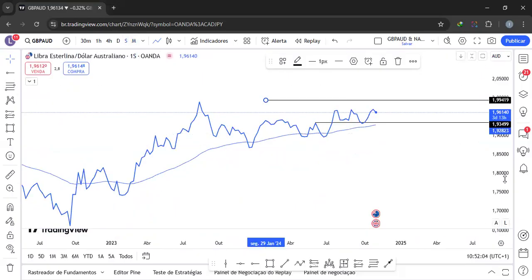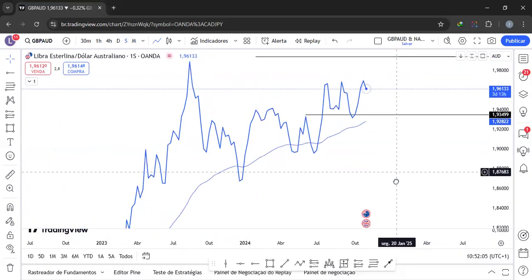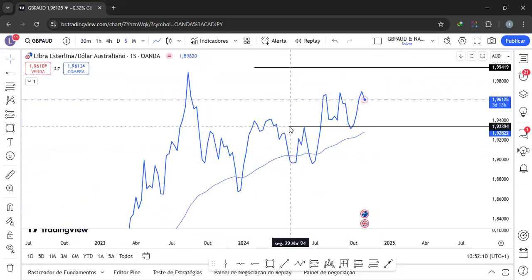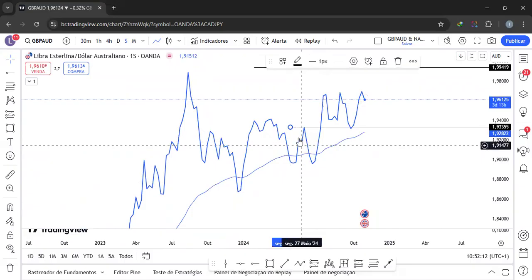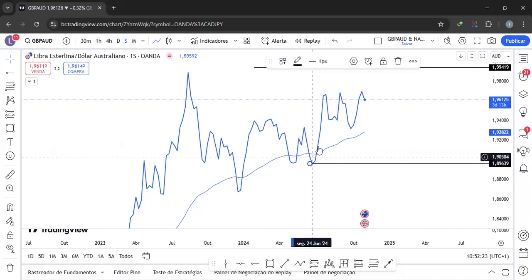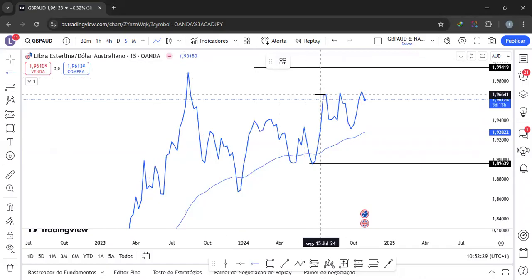If we change this to weekly, it is still bearish, but it looks like a change of structure. Because if we go back down, starting from this point, 7th June, the market moves up, making a new higher high.